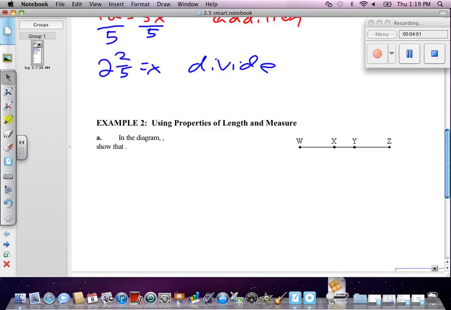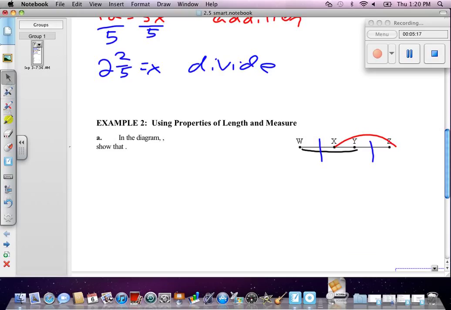Okay, so we're going to look at example 2a. In the diagram, we know that WY, W to Y, is equal to XZ. We want to show that WX needs to be equal to YZ.